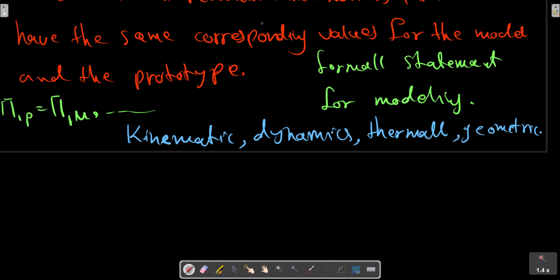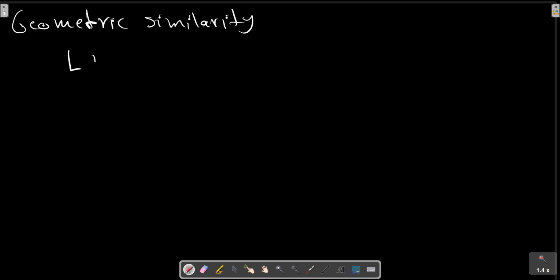The first similarity that will be discussed is geometric similarity. Geometric similarity concerns the length dimension L, the main dimension, and must be ensured before any sensible model testing can proceed.